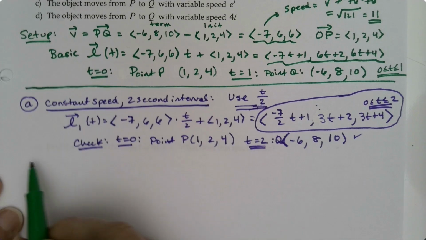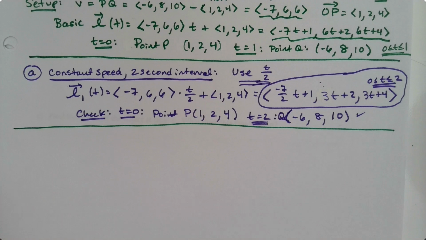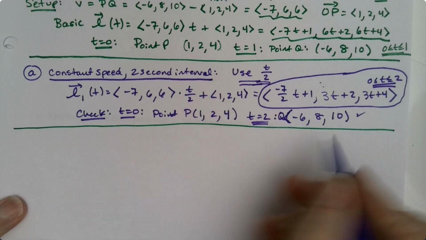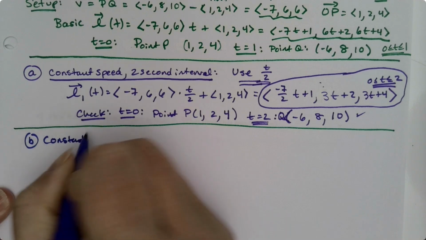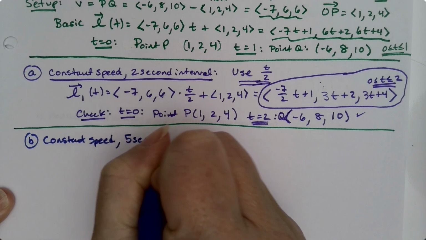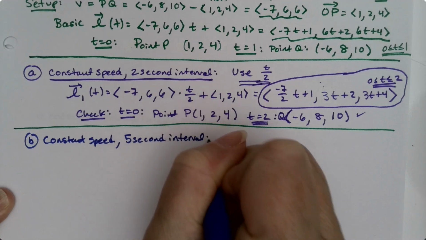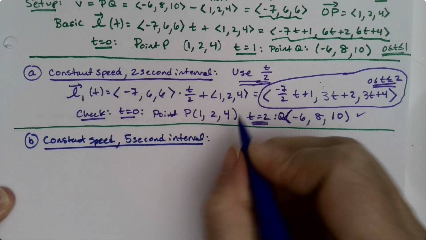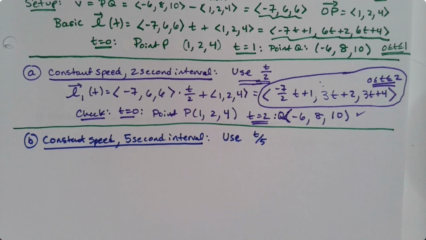All right, so what about B? Well, B isn't really going to be any more difficult than this because we know how this should work. So if I want a constant speed over a 5-second interval, then I would use t divided by 5, right?